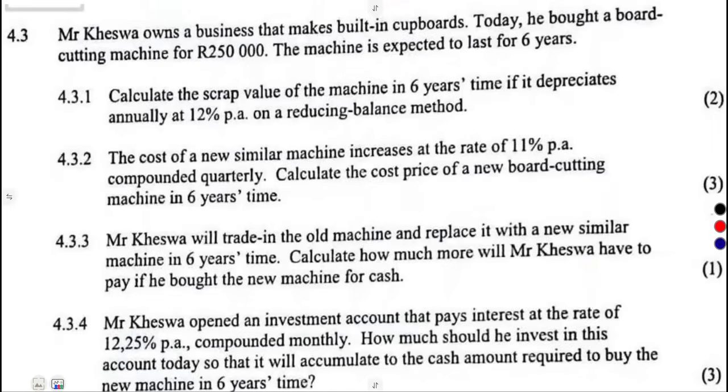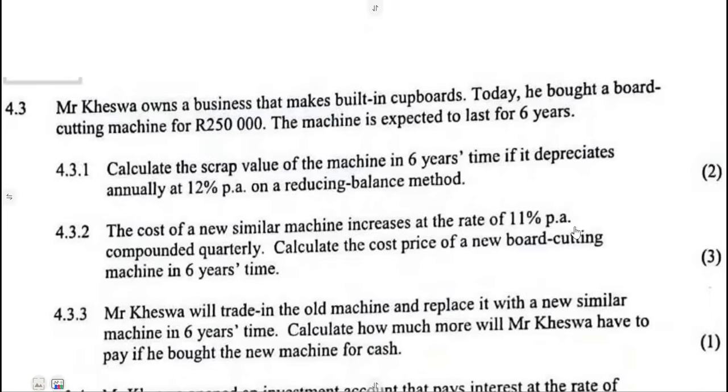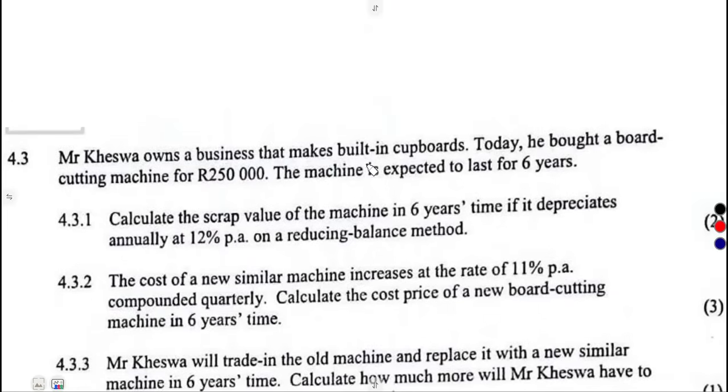Then on 4.3, we are given yet another part, which is to be done on our finance. We are given that Mr. Mukwesa owns a business that makes built-in cupboards. So today he bought a board cutting machine for 250,000.